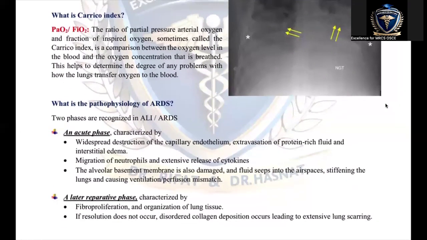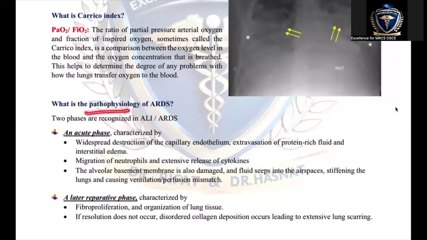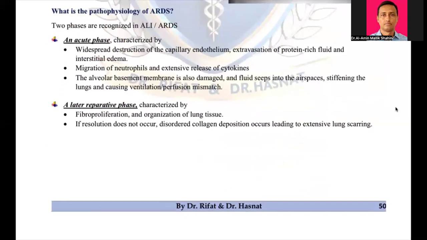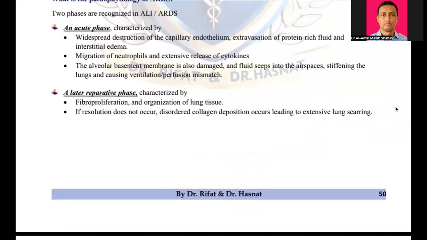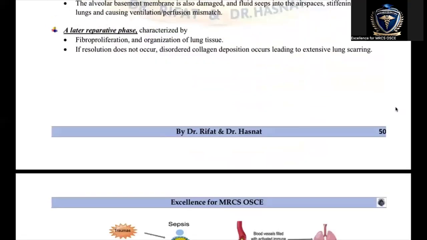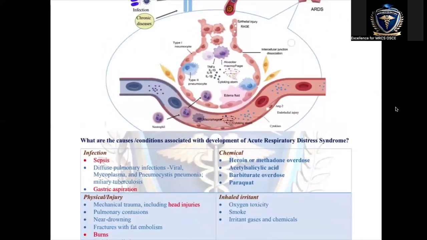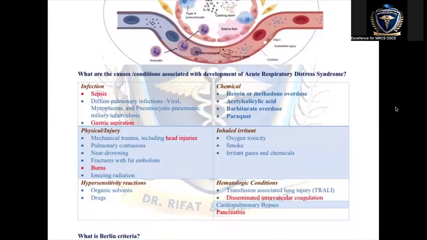So, what is the pathophysiology of ARDS? I have already mentioned that there is an acute phase and a later reparative phase. In the acute phase the lung will be stiff, and in the reparative phase the lung has fibrosis and fiber proliferation. You can go through this picture, and these are the causes of ARDS. Don't try to memorize every single thing.